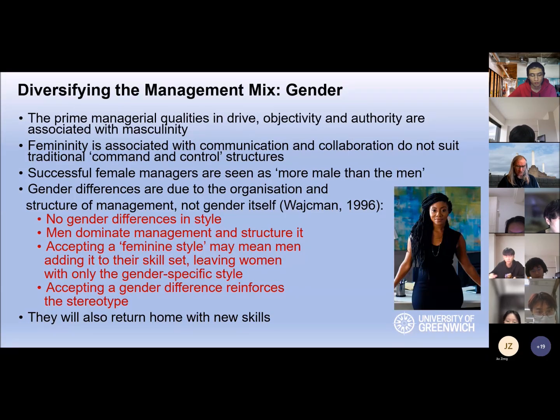So women are coming through now, but originally men dominated in management, and then they structured it in a style that suited them. And it's very much about style. It's not the substance. Women may have a different style, look as though they're doing things a different way, but actually they can be managers in exactly the same way as men.